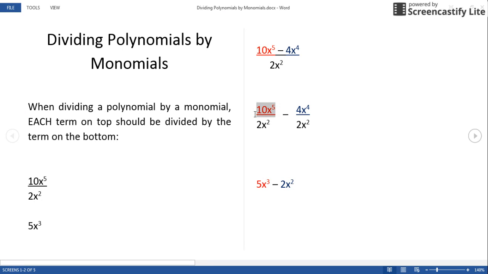Well, the front part is the same thing that we did on the previous problem, so you know it's going to be 5x cubed. On the back, if we have negative 4 divided by 2, that gives us negative 2 as a result. And x to the fourth divided by x squared, keep the base. 4 minus 2 leaves you 2 for the exponent.